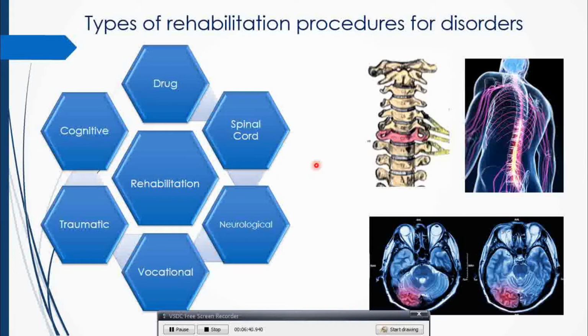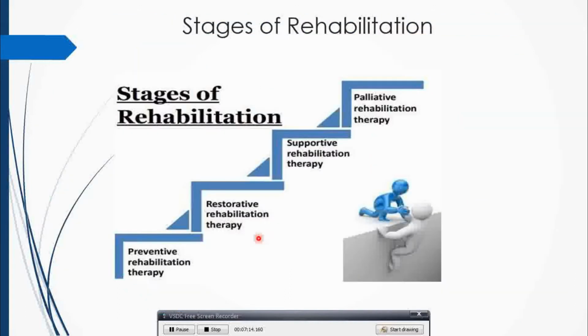So this is also considered a process where people will undergo rehabilitation procedures with certain advice, so that they can cope with the drug. They will add this drug into their daily lives, so that they have a better life. Then cognitive, spinal cord, traumatic, vocational, neurological. So these are all the types of rehabilitation involved, and you can find the specific procedures for these disorders.